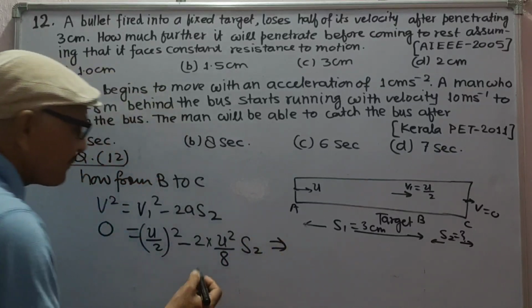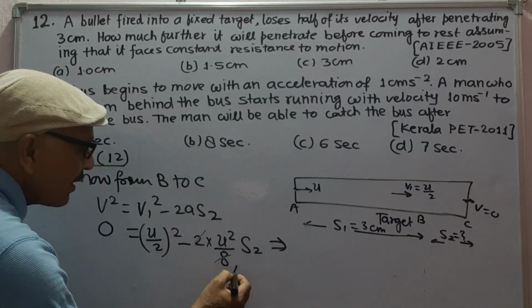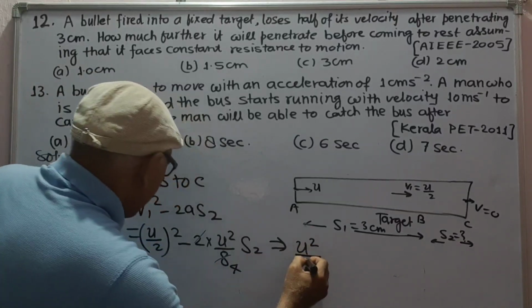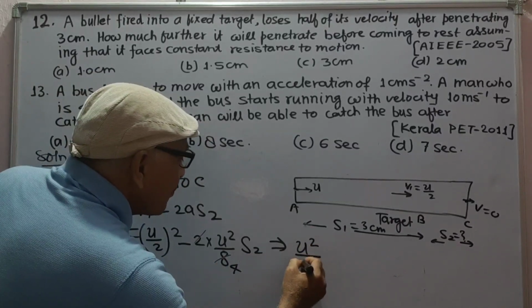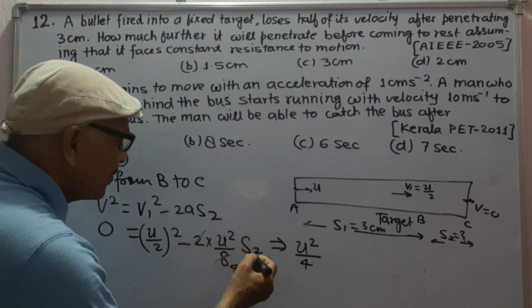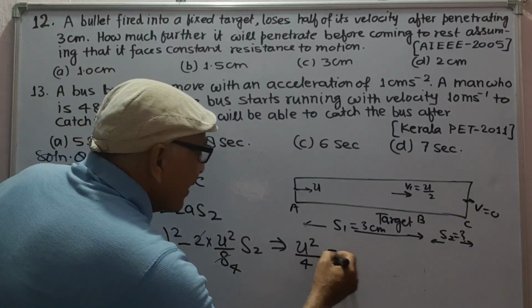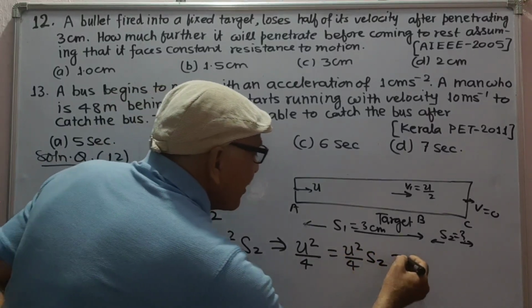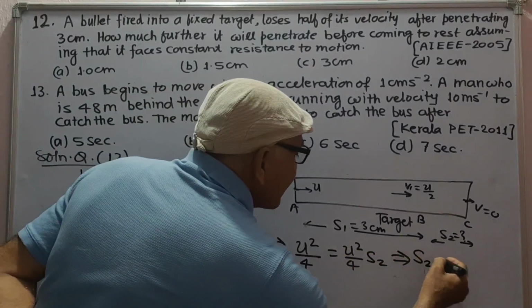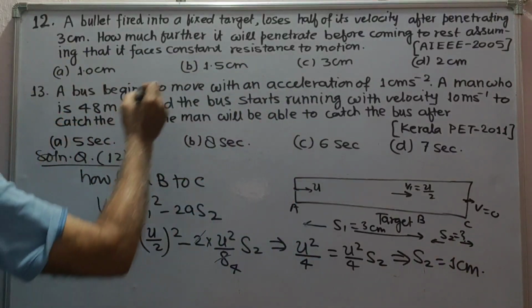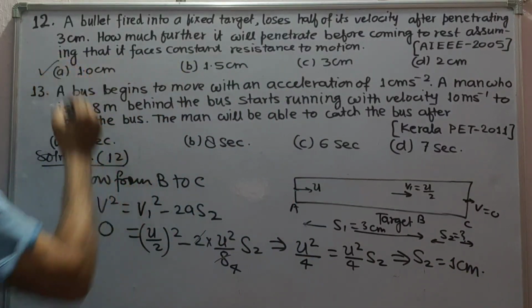This gives u square by 4, u by 2 whole square, is equal to u square by 4 s2, which gives s2 as 1 cm. Therefore, the correct option will be A.